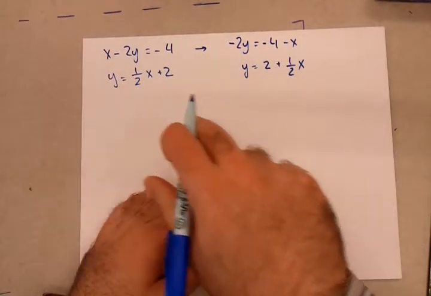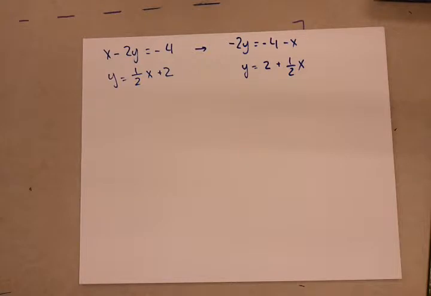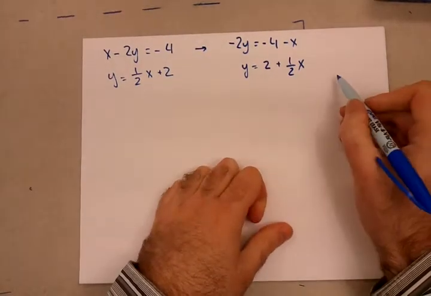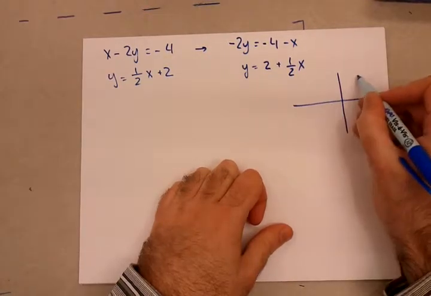Now take a look at these two. You can always flip these two around. They're the same thing. y equals half x plus 2, or 2 plus 1/2 x. It's the same equation. It's the same line. Let me show you through graphing what it would look like.